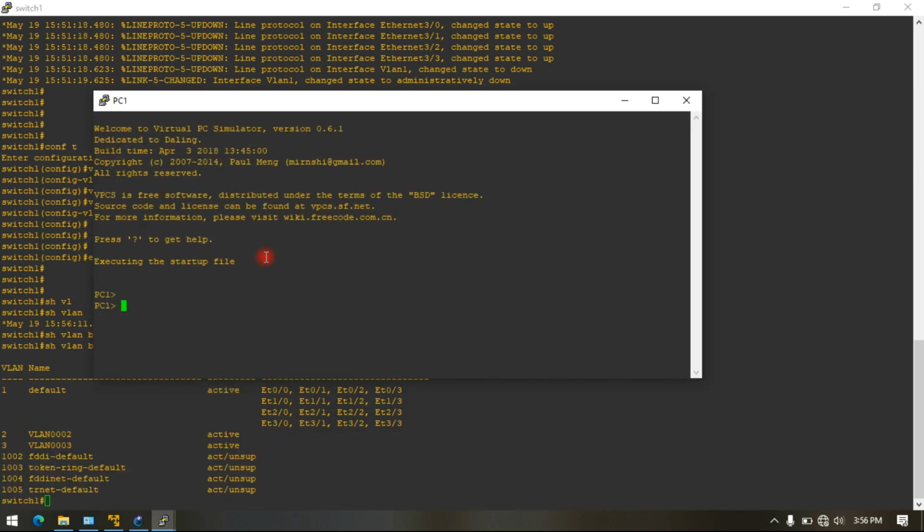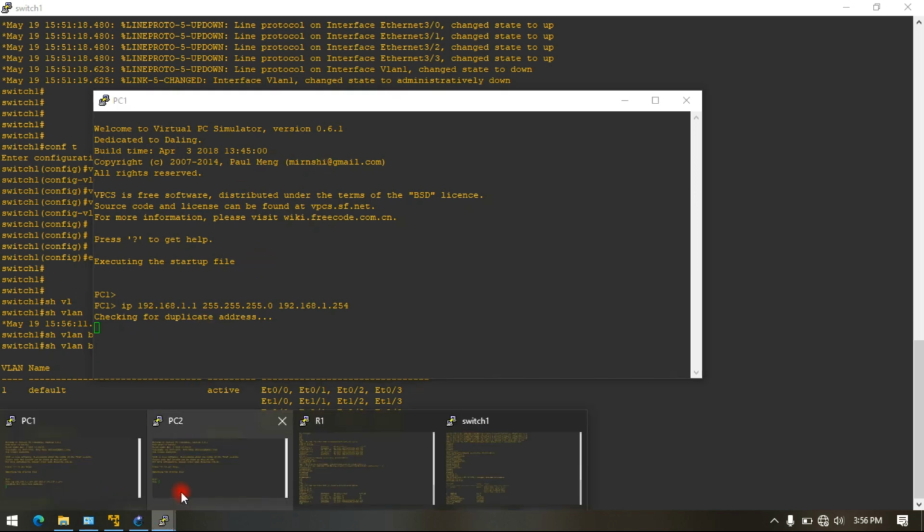So I'll go to PC1 and then configure an IP address, an IP of 192.168.1.1, 255.255.255.0, and the gateway of 192.168.1.254, which happens to be the gateway on the router.